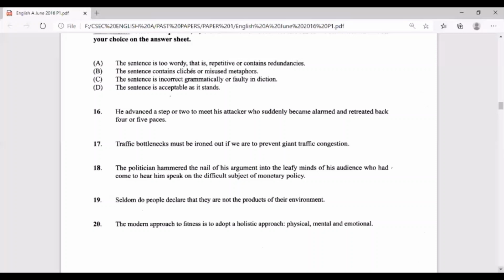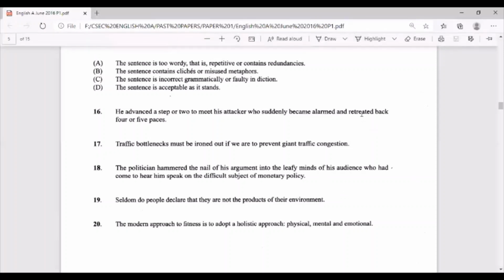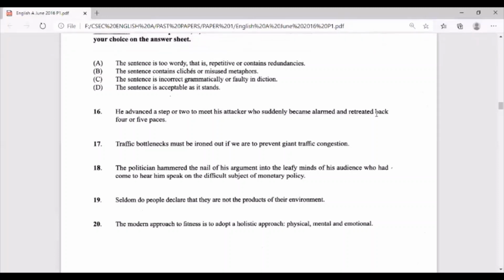It isn't really wordy in the sense that it has too many words, but there was a redundancy where it says retreated back. To retreat is already saying move back. So we didn't have to say back. It's like almost reverse back. Reverse means to go backward. So this is our error. So we will choose A. It contains redundancy.